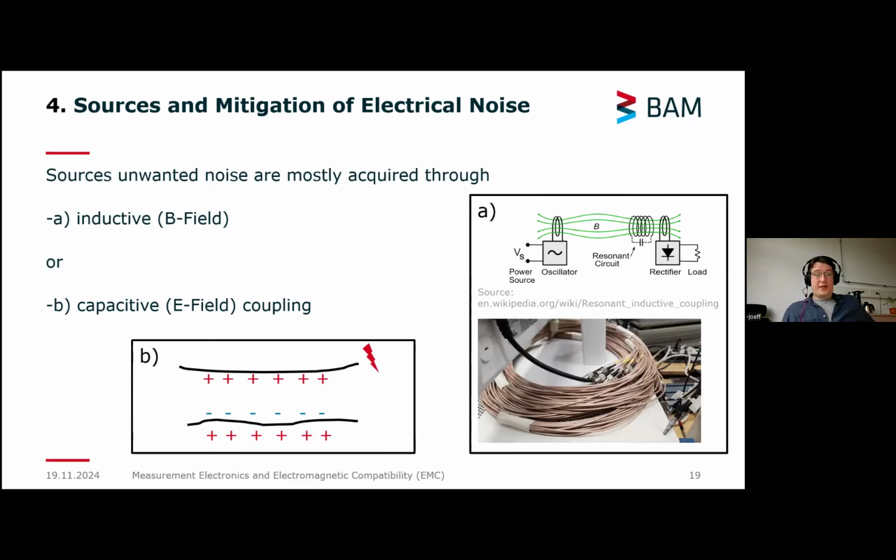So there are different causes of noise, or coupling methods. In the first case, it could be inductive coupling, which would look like the bottom right picture. If you have badly organized cables, they can crosstalk.